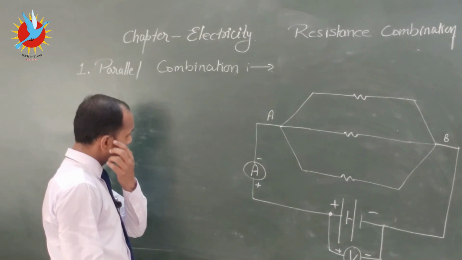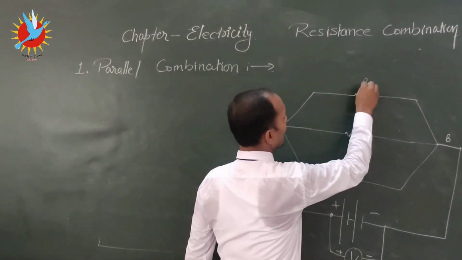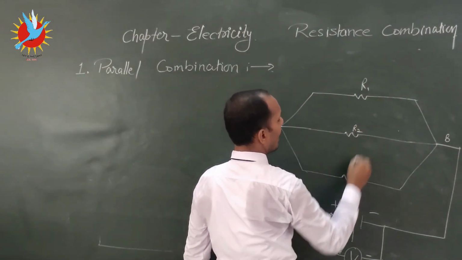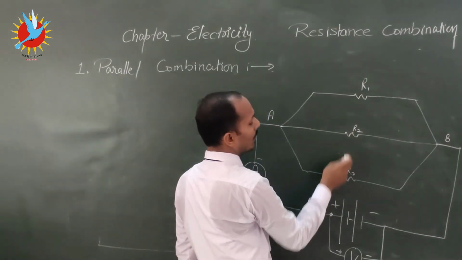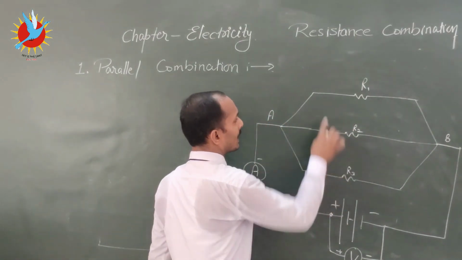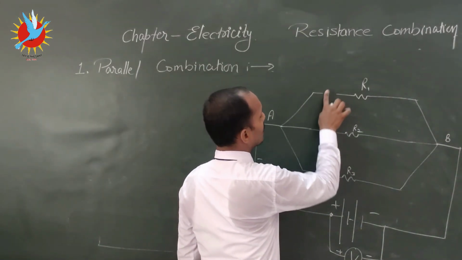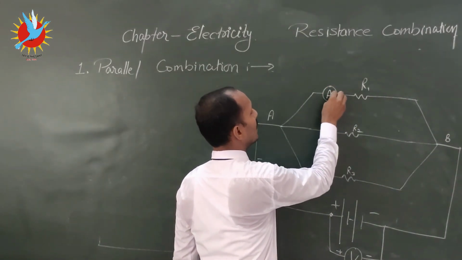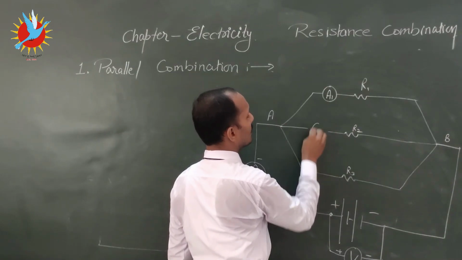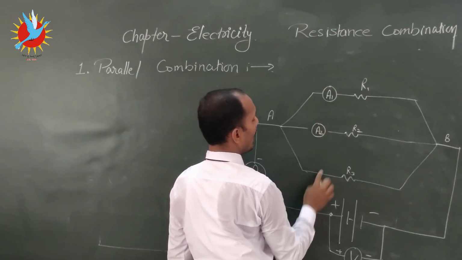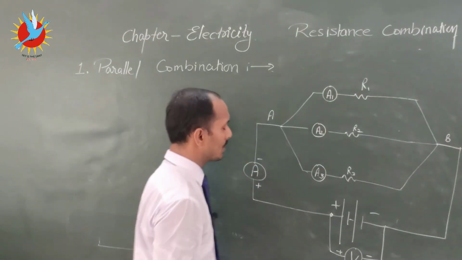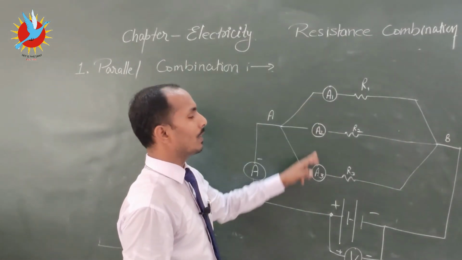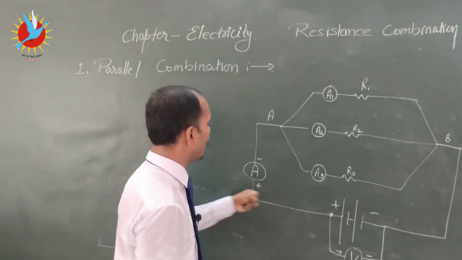Okay, now there are resistances R1, R2 and R3. I want to know the amount of current flowing in the circuit. So use ammeter A1, ammeter A2 and ammeter A3. Why am I using different ammeters?